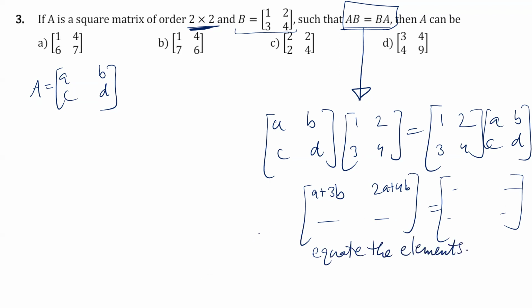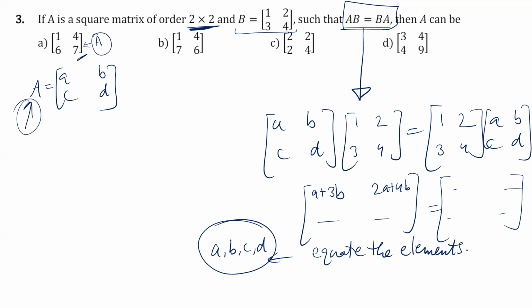Okay, and then you will find the value of A, B, C, D, and from that you can find the matrix A. Otherwise, you can also assume that this option A is the correct one, and by assuming this, you multiply this AB, assuming this is A, this is B. So find AB and then try to find BA, and then see whether this option is holding or not.